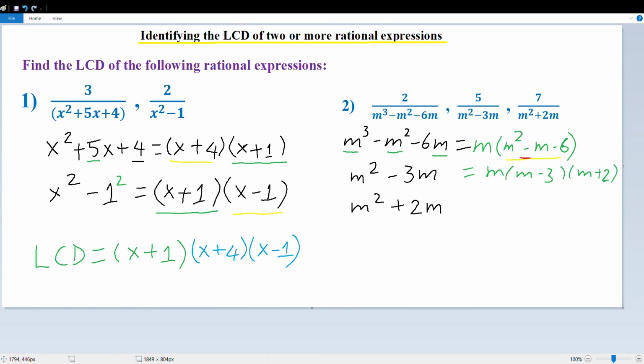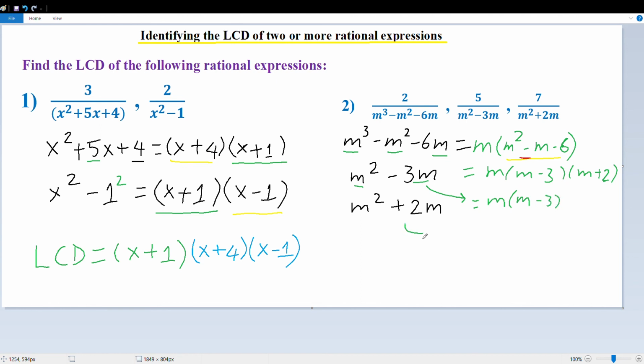Now for the second one, first of all, let's find the common thing. As you could see here, m is common between these two terms. So we'll rewrite this as m times. Once we factor out m, we're left with m minus 3.